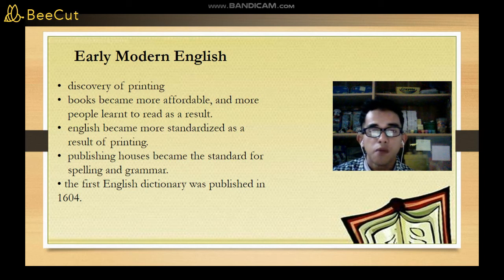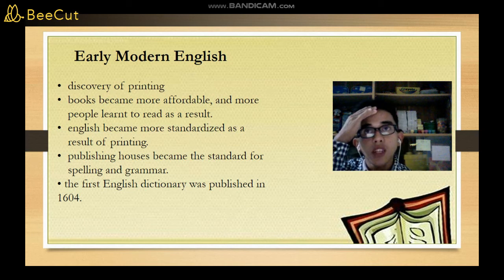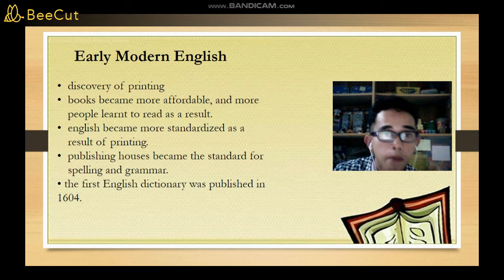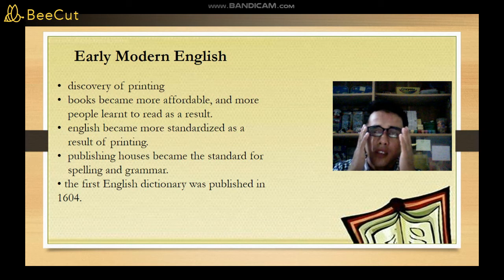In this period, we have the invention of the printer, and that is why people became more open.